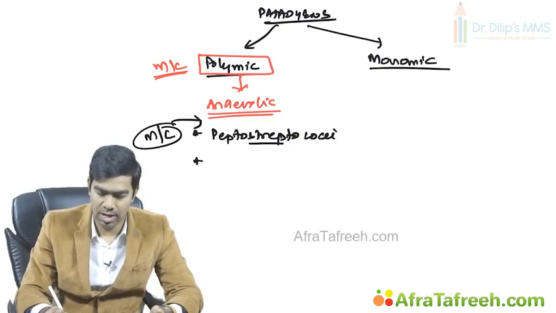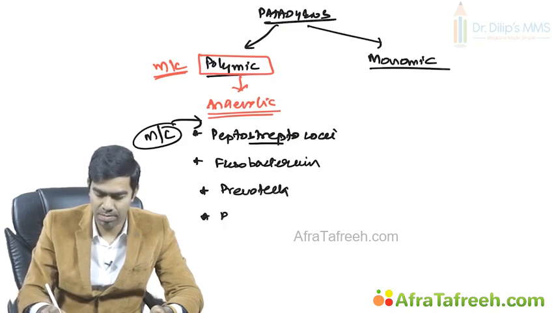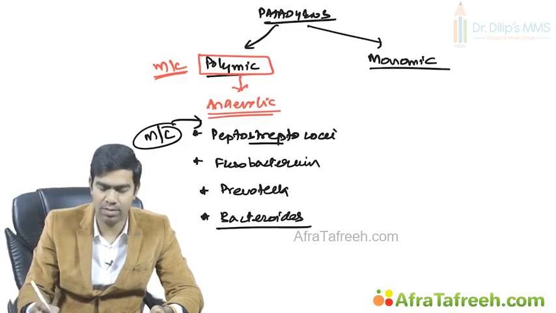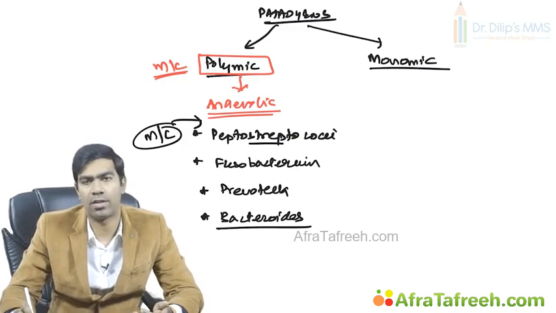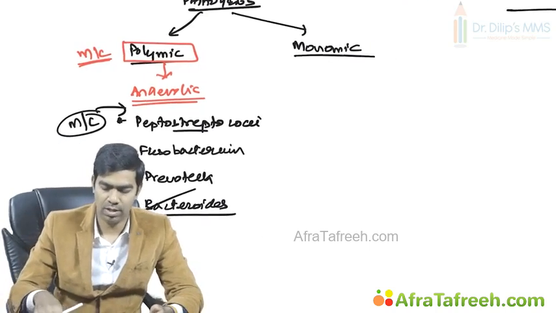Second, it can be due to Fusobacterium species. Other species that can cause lung abscess are Prevotella and Bacteroides. But please do not confuse this Bacteroides with Bacteroides fragilis. Bacteroides fragilis is an exclusively intra-abdominal anaerobic organism. Clear? So don't confuse that.